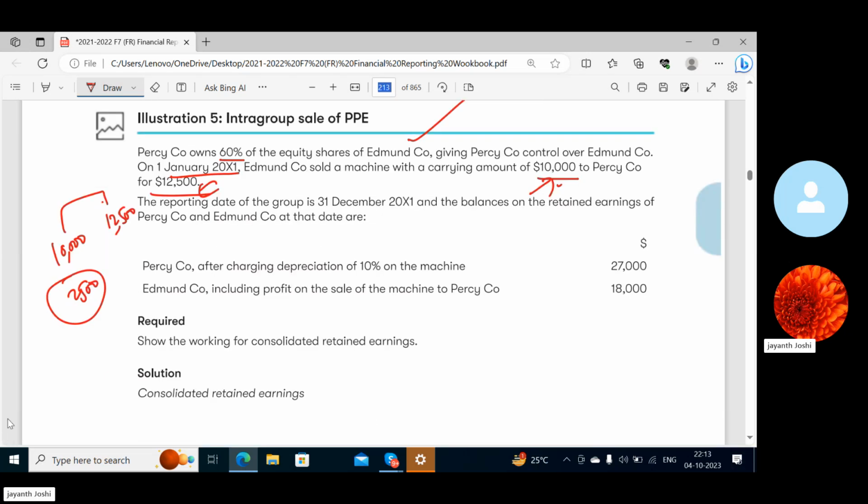Since excess depreciation has been considered, we need to adjust that also, reverse that also, as if there was no transaction between them, because now when you consolidate they become one single company.